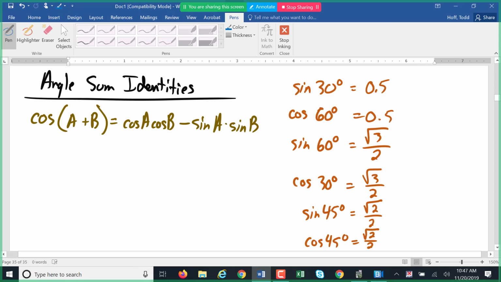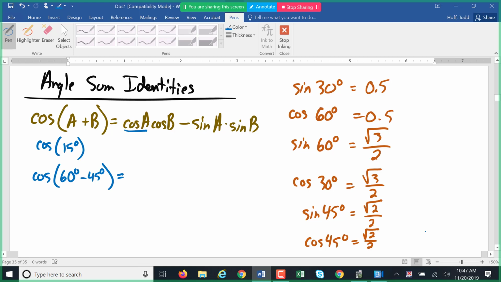What does that mean? Well, if I wanted to find the cosine of 15 degrees, I don't have that over here, but I can write it as the cosine of, let's see, what do I want to work with there? I guess it really doesn't matter. Let's write it as the cosine of 60 degrees minus 45 degrees.